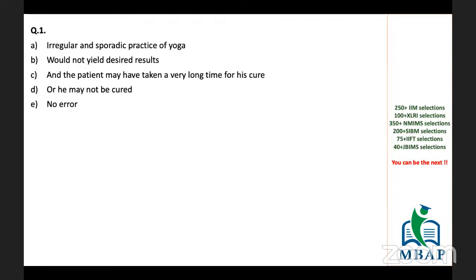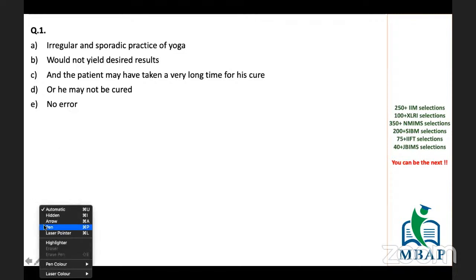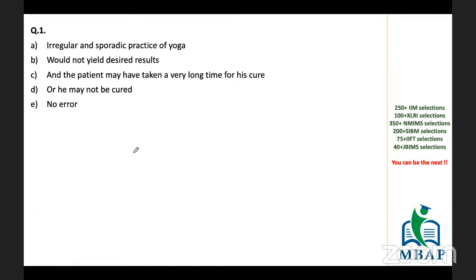When we read the sentences, we see that the author's intended meaning is about the present time: if the patient is not regular or punctual in practicing yoga and going for those exercises, he may not come with the desired result.